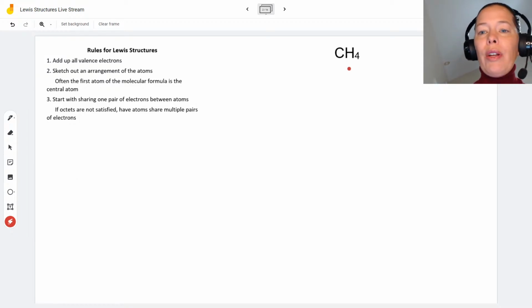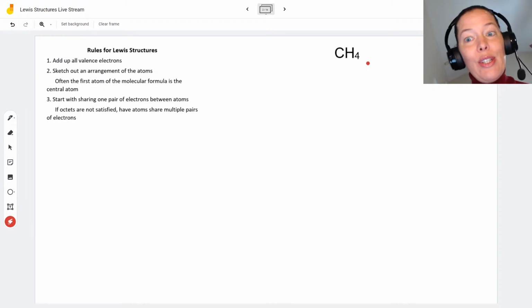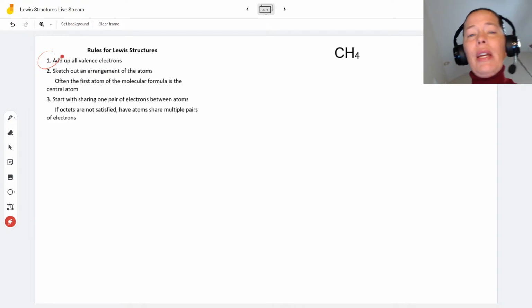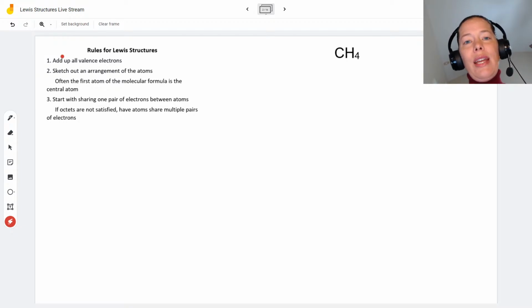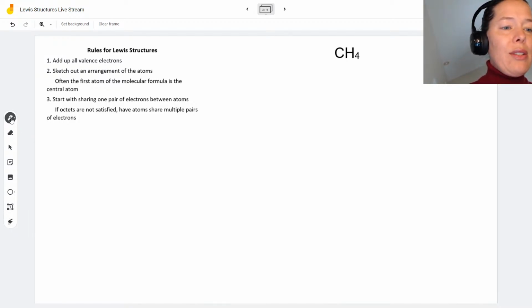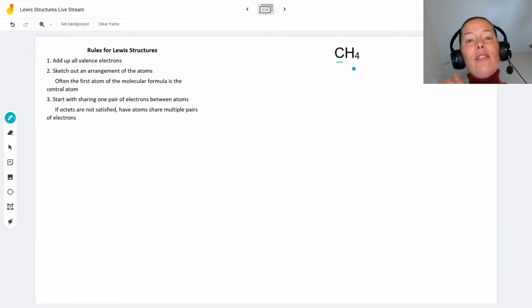All right, so we're going to be doing CH4, otherwise known as methane. You can see my first step here in my rules for Lewis structures is I add up all of the valence electrons. I think about gathering all of the valence electrons and basically putting them in one pot. To do that, I have to see how many valence electrons each atom gives me. So carbon, again, check your periodic table.